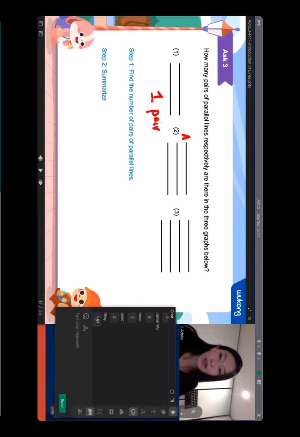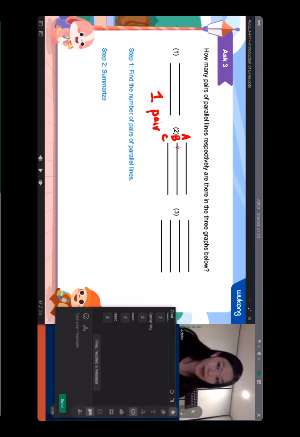We're going to name them A, B, C. We could have A and B form a parallel pair, right? Or we can have A and C form a parallel pair. Or we could have B and C forming a parallel pair. So that gives us how many pairs in total? Good job.